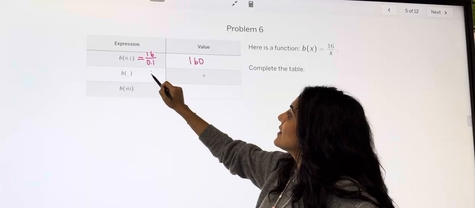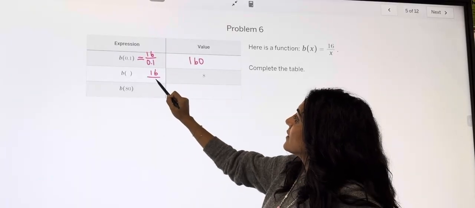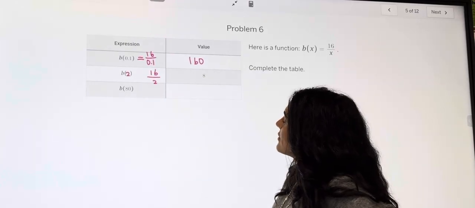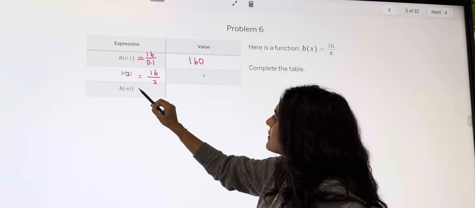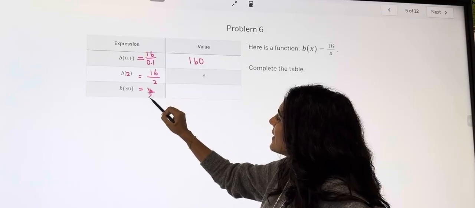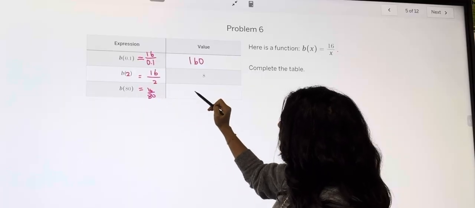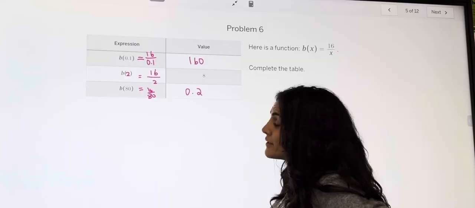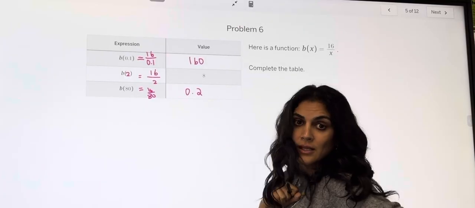So 16 divided by what is 8? And that's 2. And now they're asking about b of 80. So that's 16 divided by 80, which is 2/10, 0.2 or 2 over 10 if you reduce the fraction. Either way, that's our table, okay?